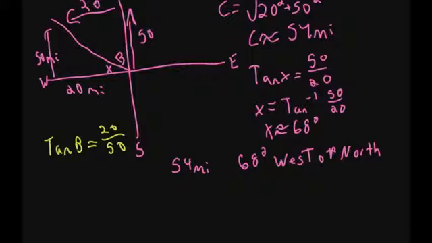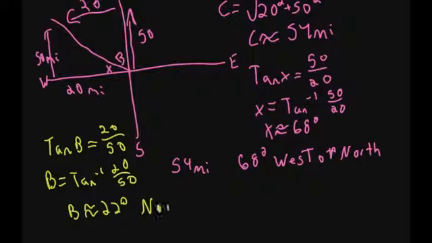So we do the inverse tangent. So B equals the inverse tangent of 20 over 50. That would be about 22 degrees, and that would be north of west, or northwest. So depending on how you solve it, you could get a slightly different answer, but your direction is what makes it right or not right, because it's the direction you're going.